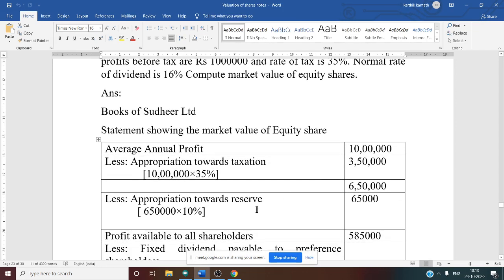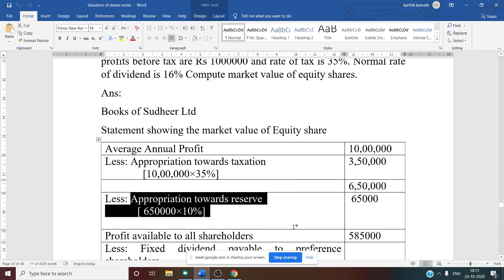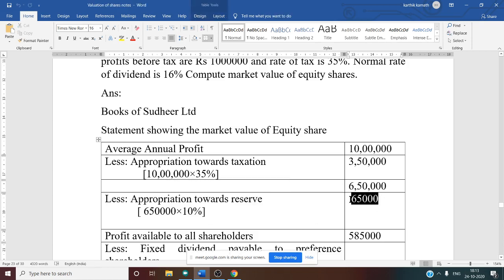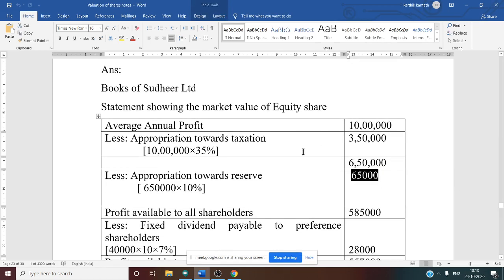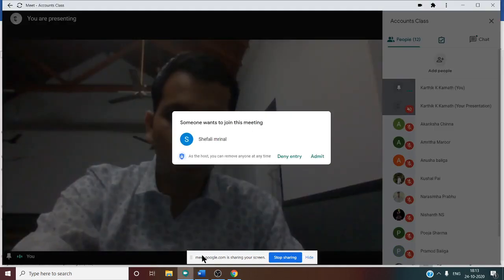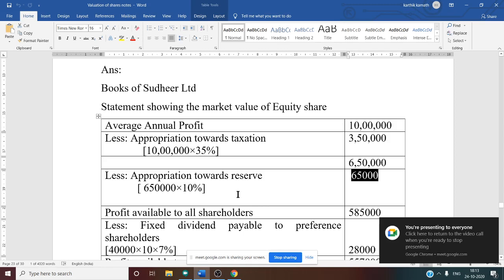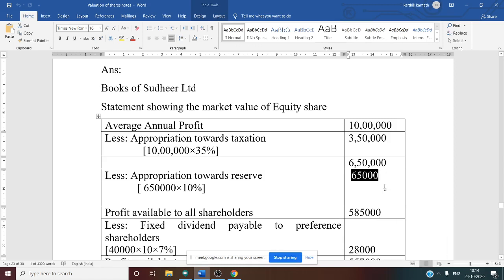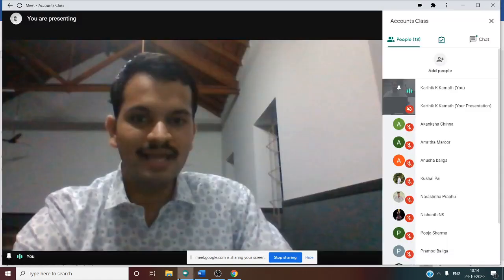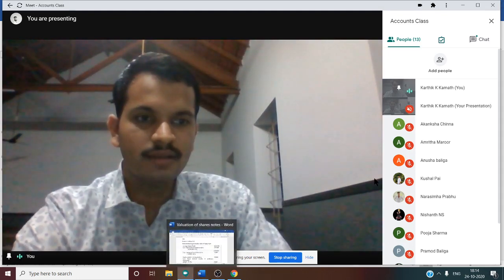That is why 6 lakh 50,000 into 10% gives you 65,000. So the final profit available to all shareholders is 5 lakh 85,000. That is 6 lakh 50,000 minus 65,000. Profit available to all shareholders is 5 lakh 85,000.